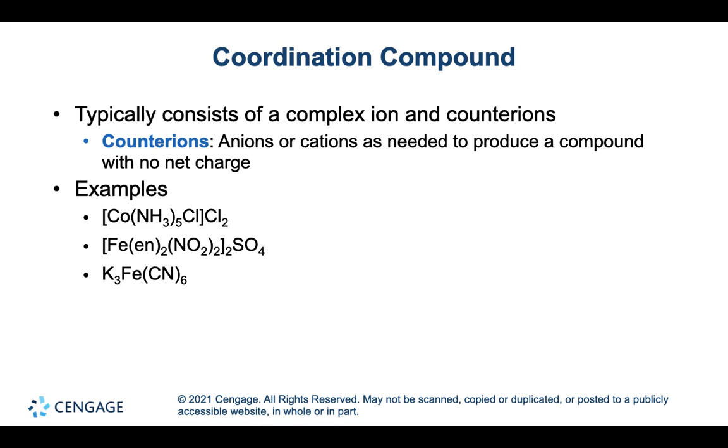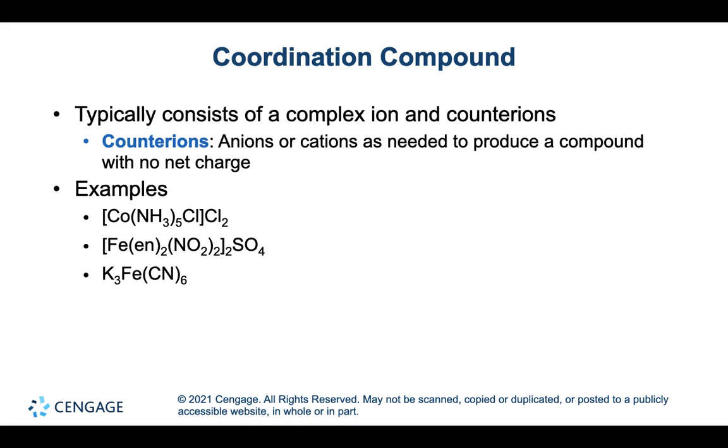Then we have 3 potassiums, which would be the counter ion to the iron bonded to 6 cyanides. So the iron would be +3, the 6 cyanides would each be -1, and then the potassiums would each be +1. And so you see with the potassium and the iron, you've got +6, and with the 6 cyanides would be -6.